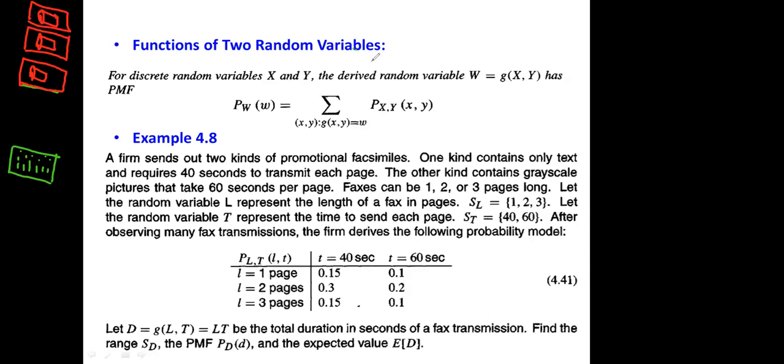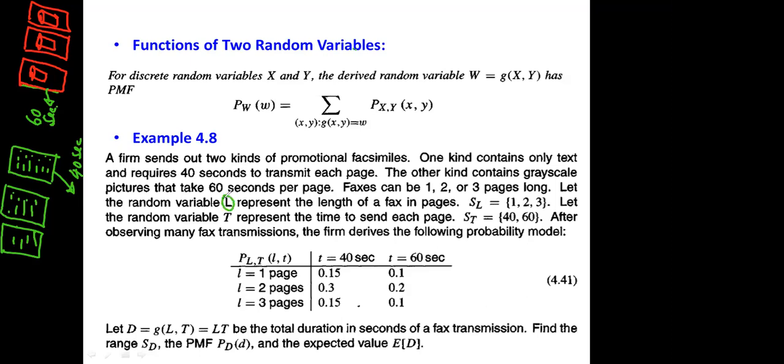So there are 6 options actually. Now they are telling that if I want to send one text page, that needs 40 seconds to transmit. But if I need to send an image page, that takes 60 seconds for transmission. So there are two random variables.